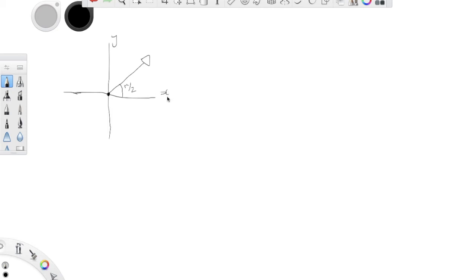So, how would you write this as an equation? This would just be y equals x. But you could also write it as y equals x times tan of something.